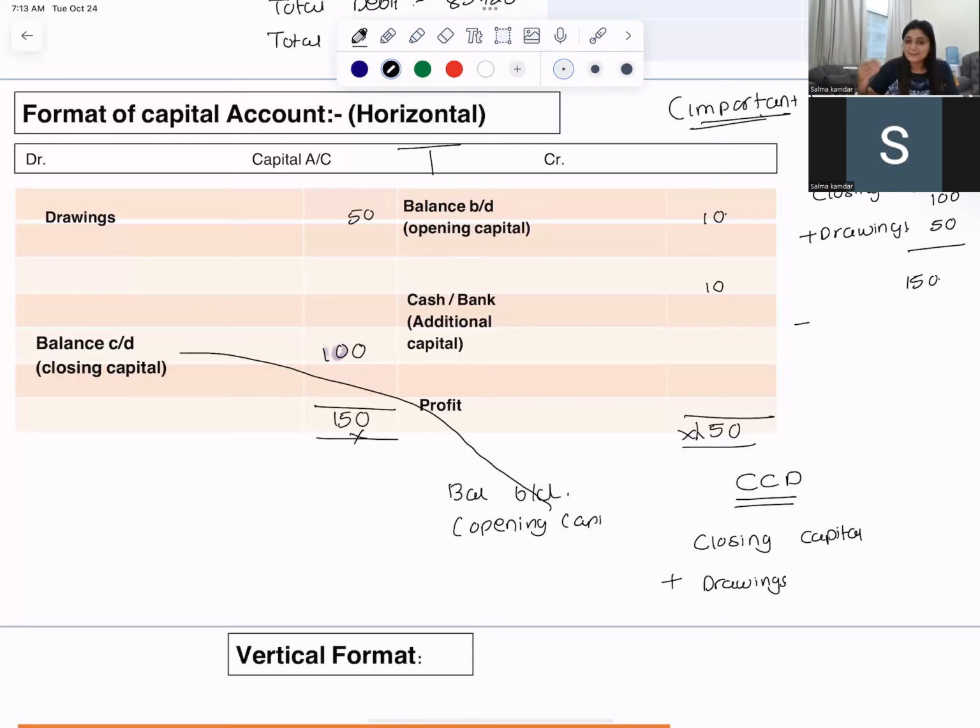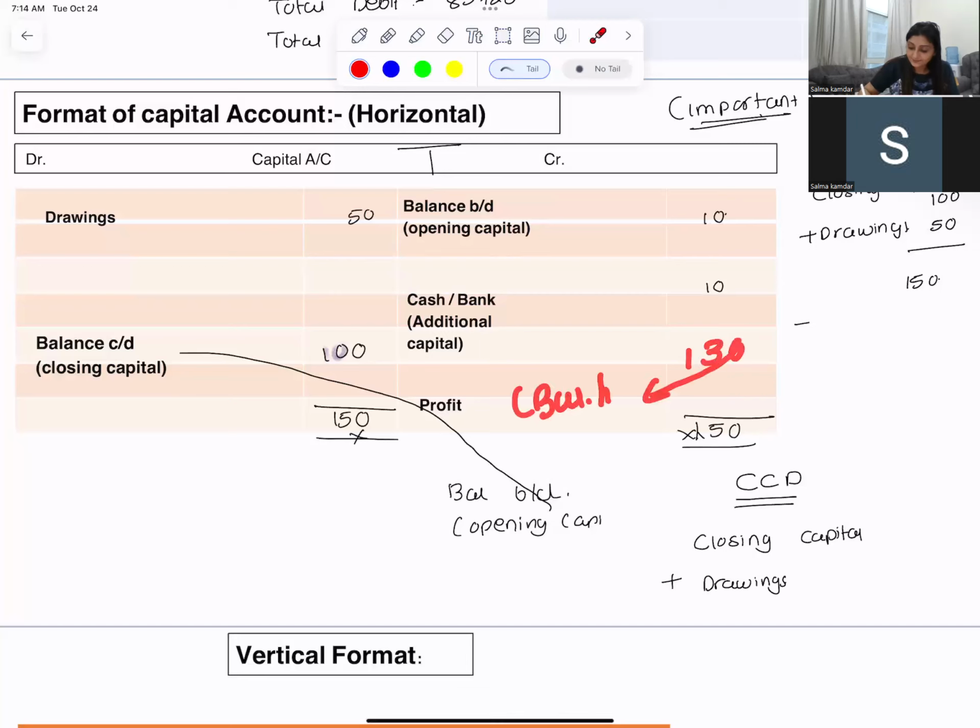From that, you will subtract two things. What are the two things that you will subtract? You will subtract the opening capital and you will subtract the additional capital. So from this 150 that you have got, you will subtract the opening and additional capital. So you are going to get 130, which is your profit, and this becomes your balancing figure.